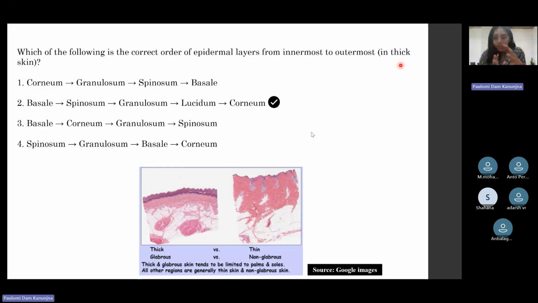Okay, so let me tell you. The palms and soles are the regions that face the most mechanical friction or abrasion. They are more prone to wear and tear, of course, because you work with them and you walk on them. So in both these parts you have thick, glabrous skin, which has fewer sensory receptors and greater protection.